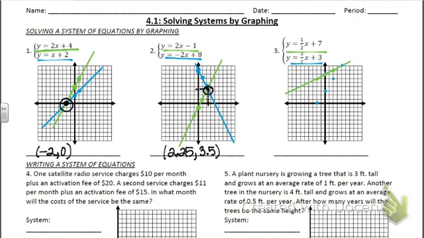Okay, so when I graph it, I end up getting this line, and they cross just barely on the graph at that point, which is what?